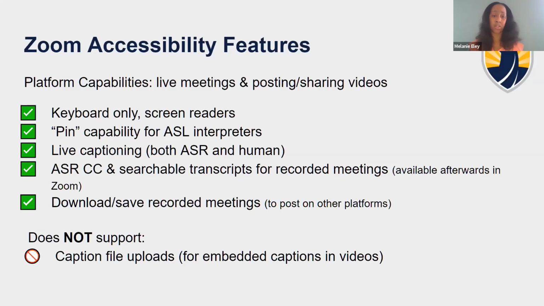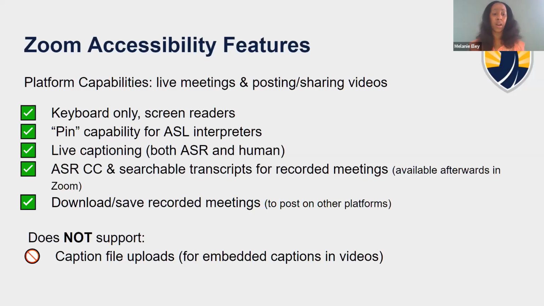Being able to search that transcript is a really great feature for studying. Also, with that, you can go in and edit, which is something that you'd want to do if you have a student with a hearing disability in your course, because the ASR captioning is not, again, at the 99% accuracy level that we need it to be.